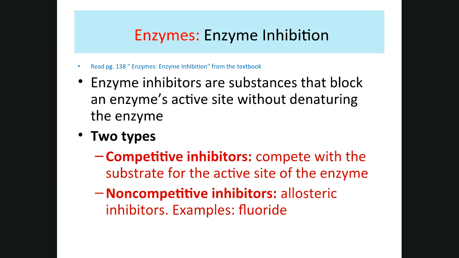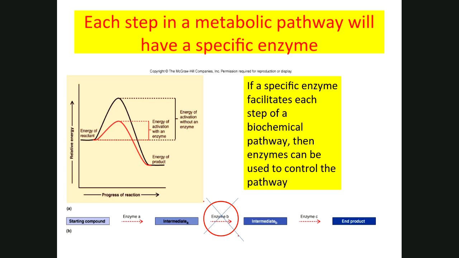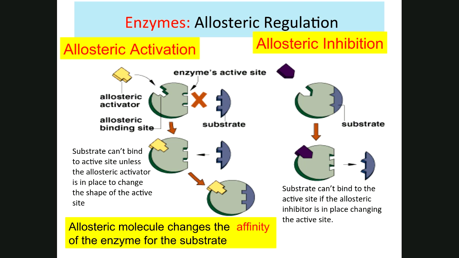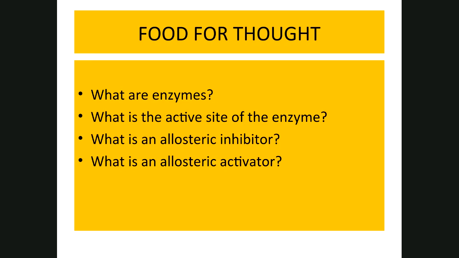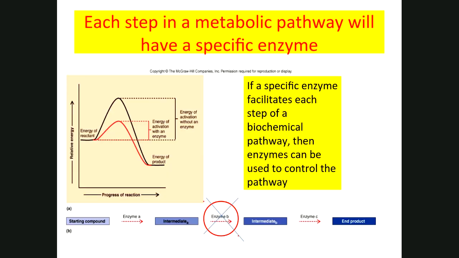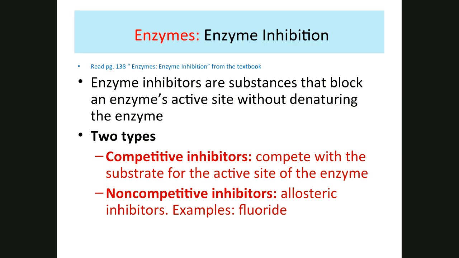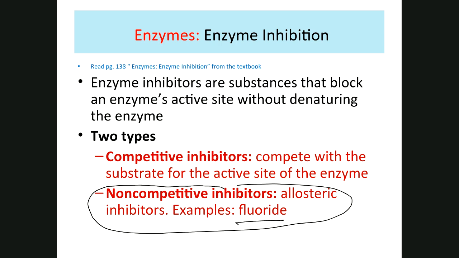So enzyme inhibitors can be the allosteric inhibitor we just talked about. So an enzyme inhibitor could be of an allosteric type, an inhibitor that binds not to the active site but to some other place, and that's called a non-competitive inhibitor. Fluoride, for example, is a non-competitive inhibitor, which binds to an allosteric site of pretty much any enzyme.